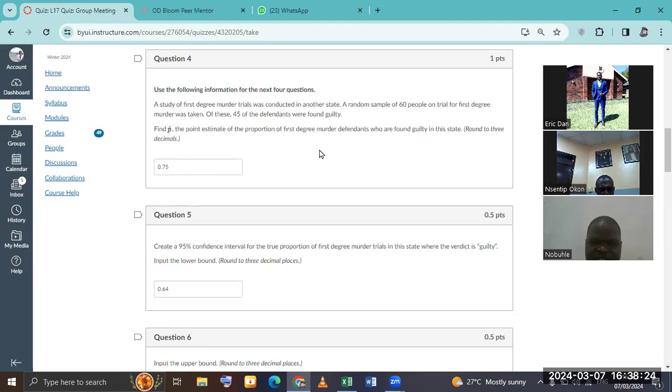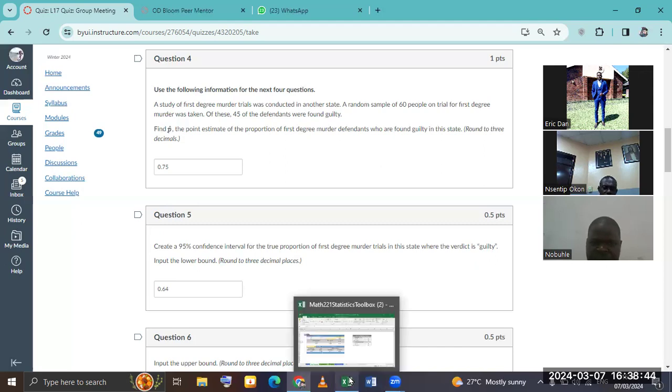Of 45 of these, the evidence was found. Find the p-hat, the point estimate of the proportion of first degree murder defendants who are found guilty in the state. In this case, we have the sample size to be 60, right? Yes. And then the X to be 45.